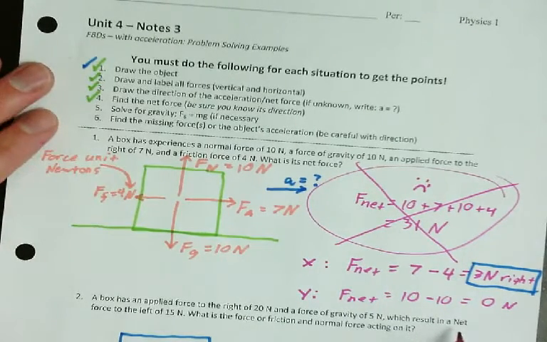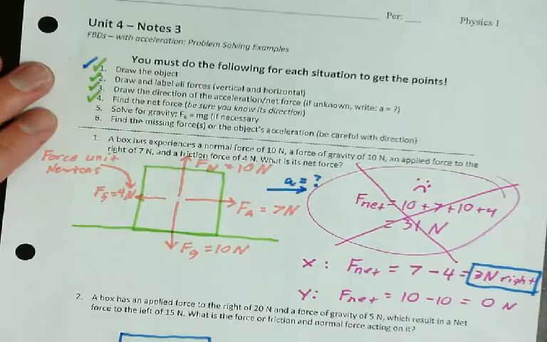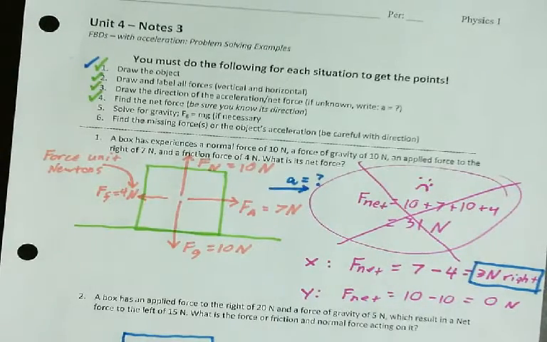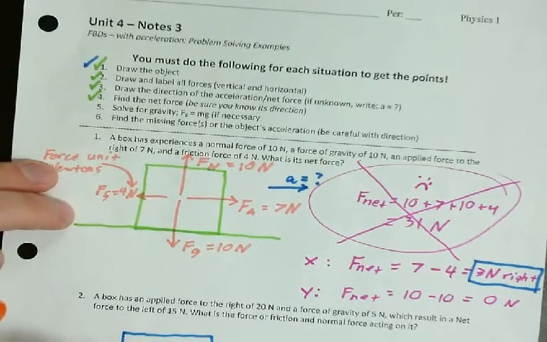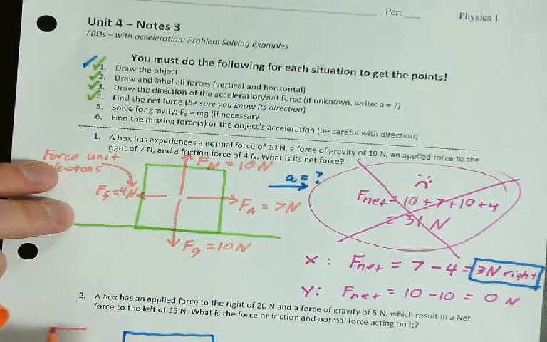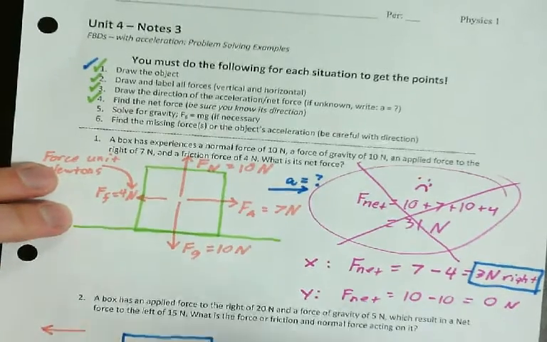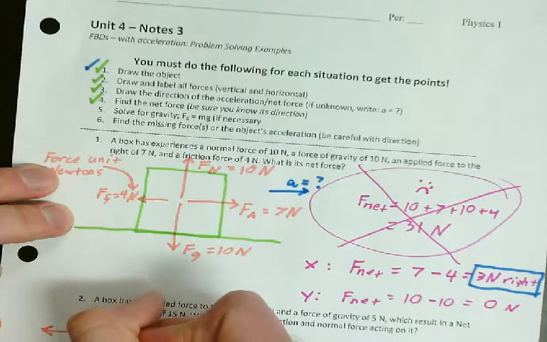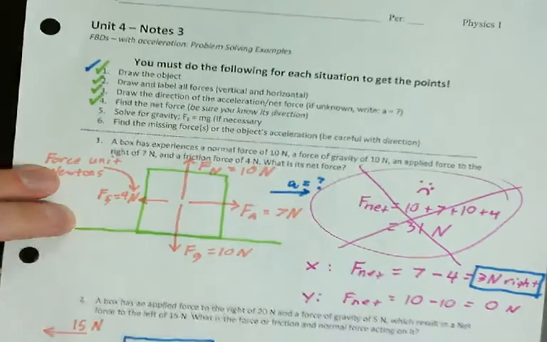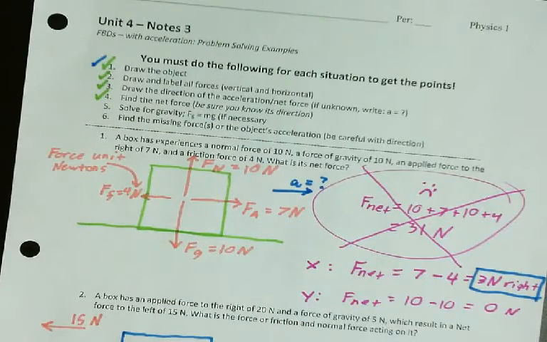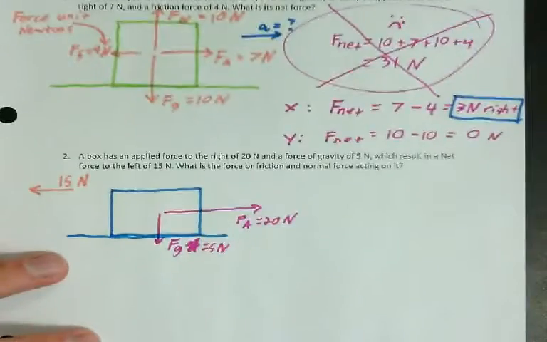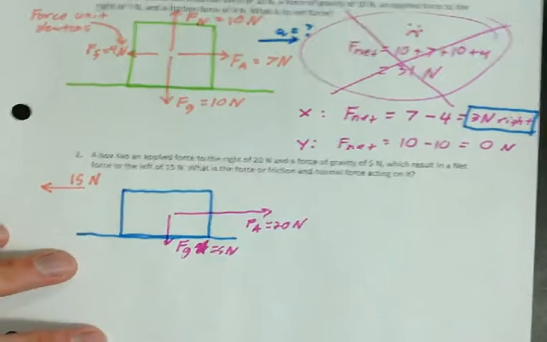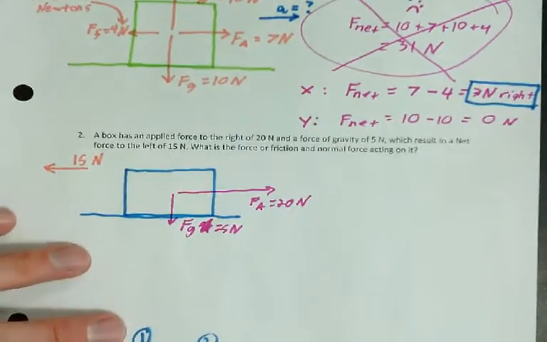And then result in a net force to the left of 15. Okay, so my motion change, my acceleration, my net force, my other stuff that I draw over here, it's backwards. There we go. That's much more helpful.